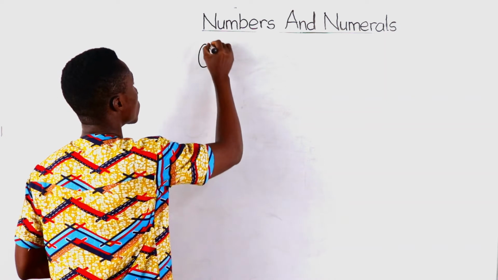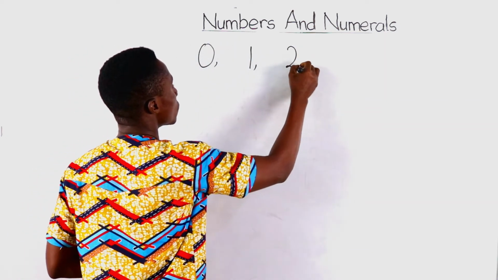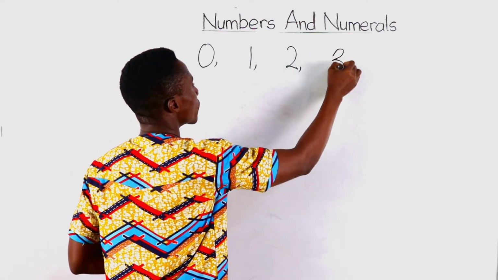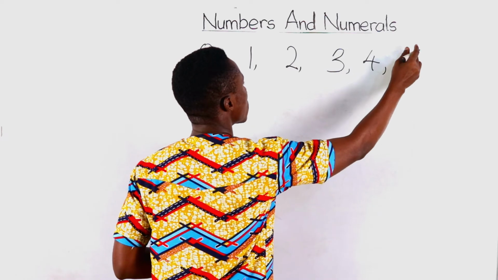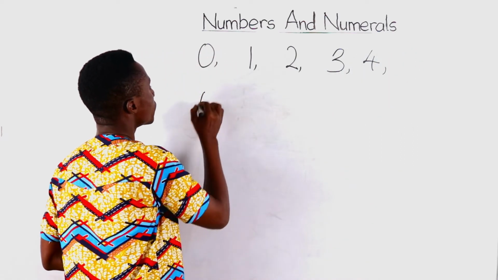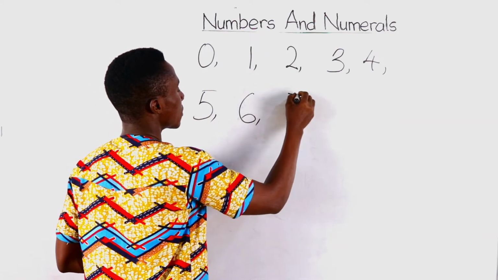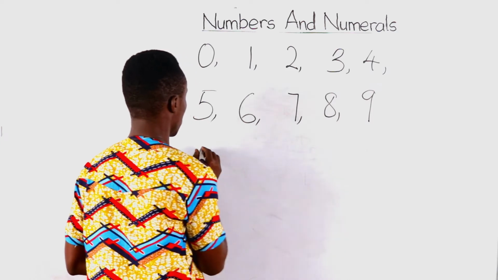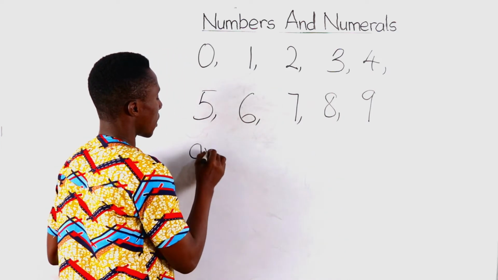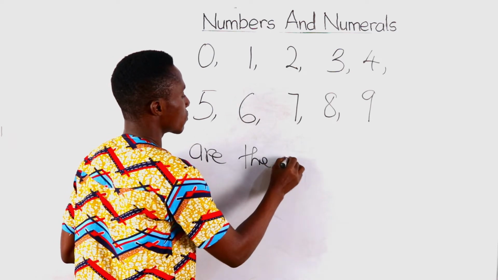So 0, 1, 2, 3, 4, 5, 6, 7, 8, and 9 are the numerals.